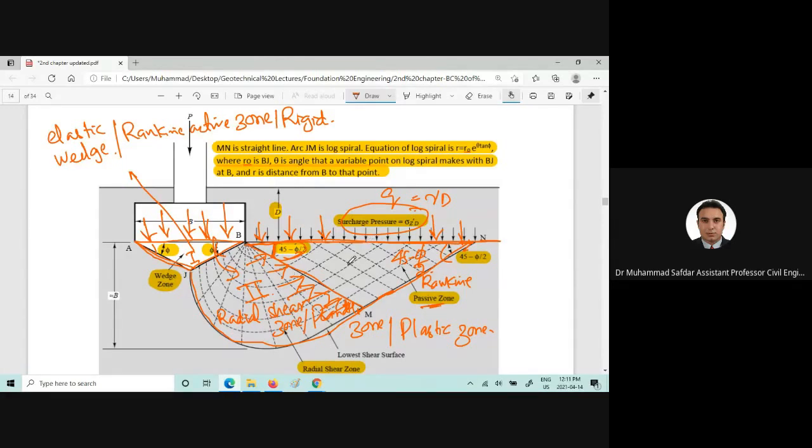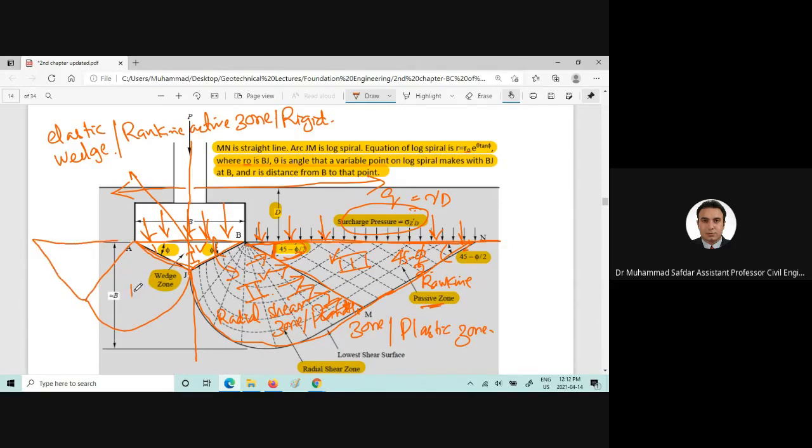So we are given 3 zones: zone 1, zone 2, and zone 3. And this is half of the foundation on the right side, and a similar mechanism will also occur on the left side of this foundation.